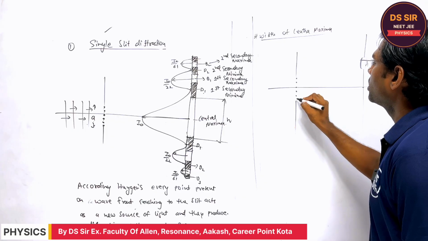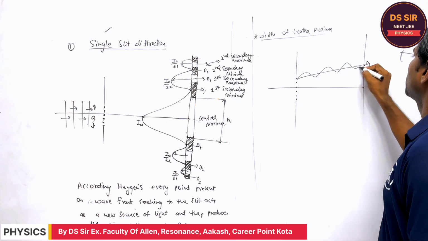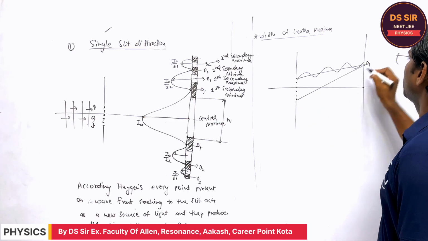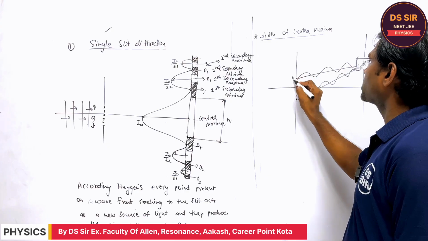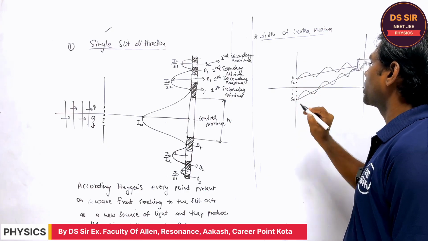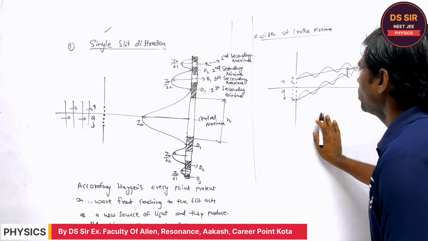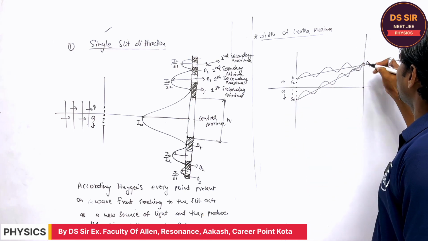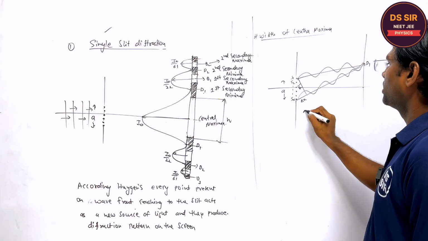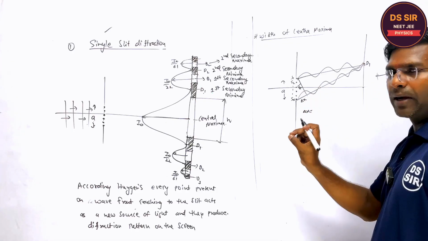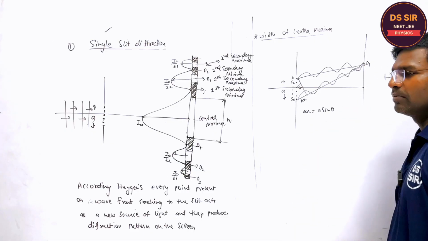If you consider one wave from this reaching at this point and the other wave reaching on this point, so these are S1, S2 and a number of sources are there. This is the distance A, suppose. Are you getting or not? So if this is the point, can you tell me what will be the path difference if it is theta? The path difference, delta x, is what? Say A sine theta. Are you getting or not?